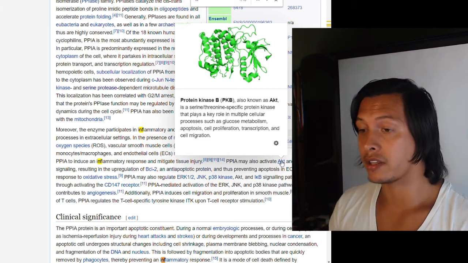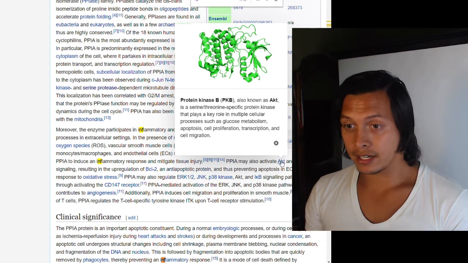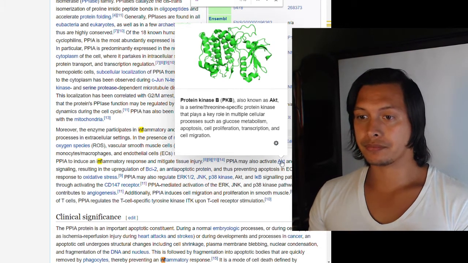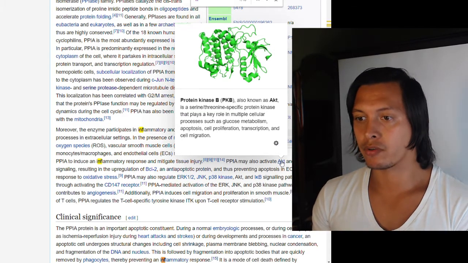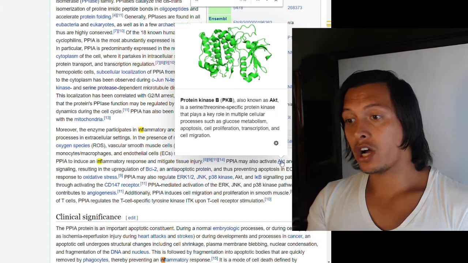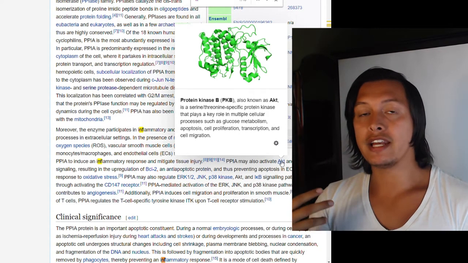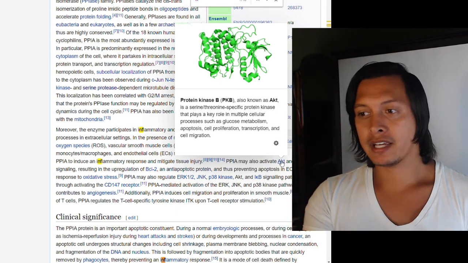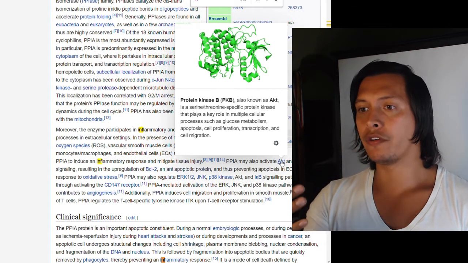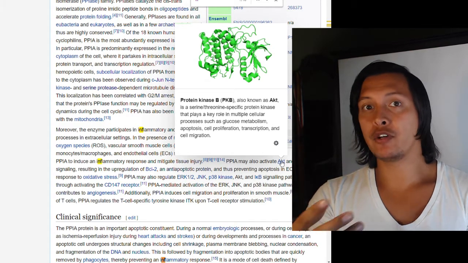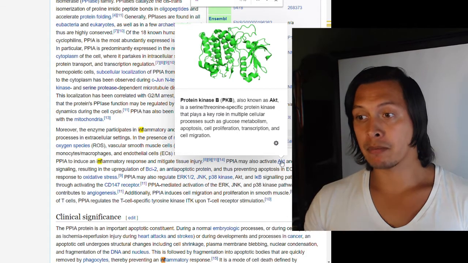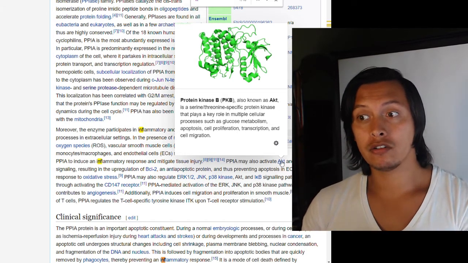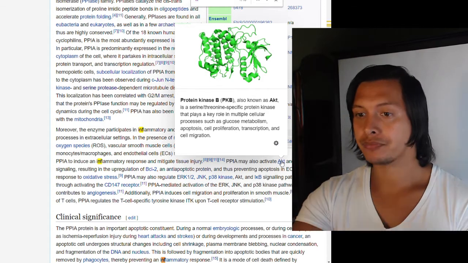That's one of the things that it does. And one of the things that it can do, if I'm remembering the proteins correctly, is cause the destruction of an inhibitor of NF-kappa B. So if you destroy the inhibitor of NF-kappa B, you end up allowing NF-kappa B to function correctly.